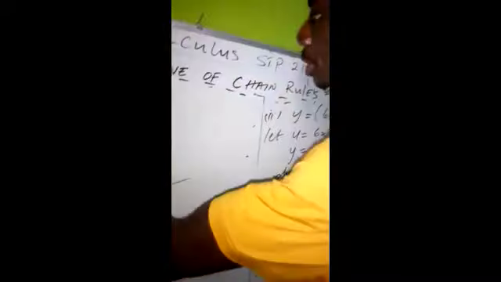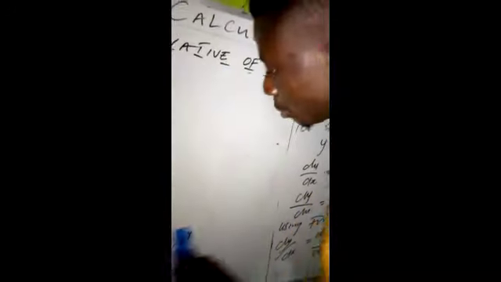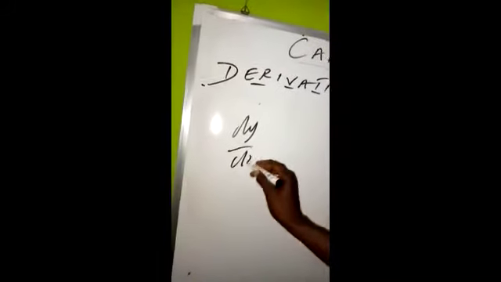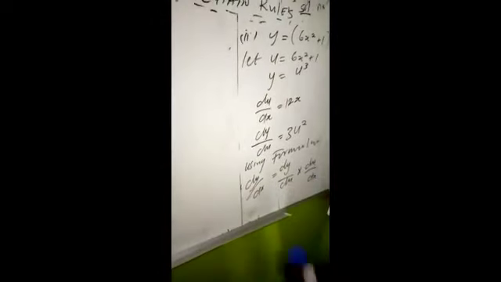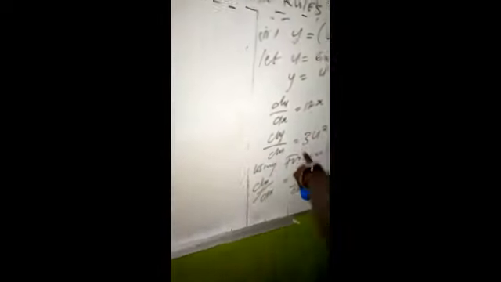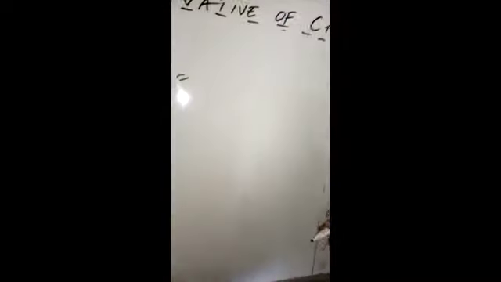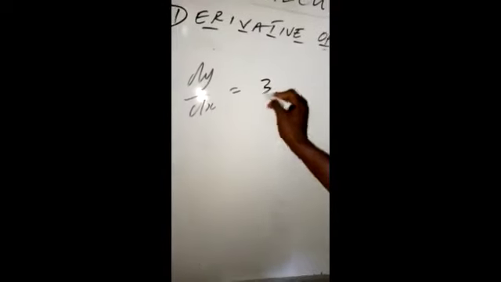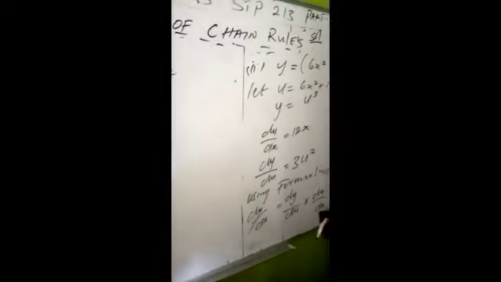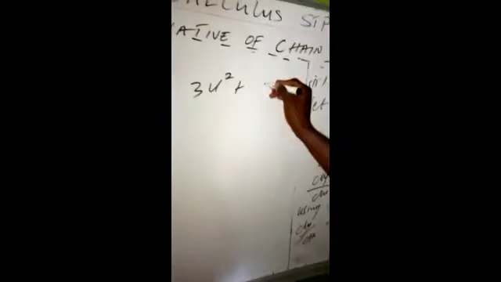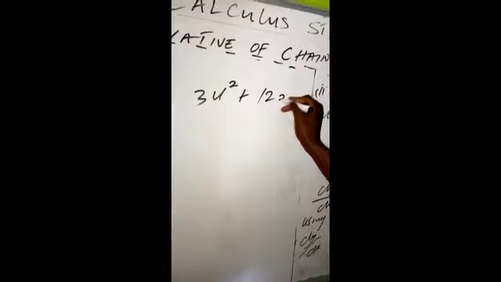So let us substitute now using our formula. dy/ds will give us, in place of dy/du, I put 3u squared, times du/ds, which is 12s.